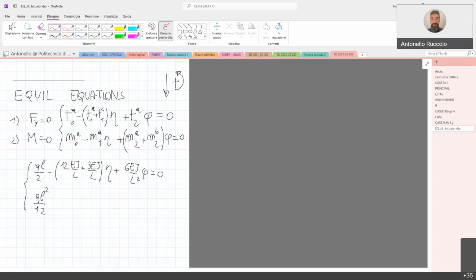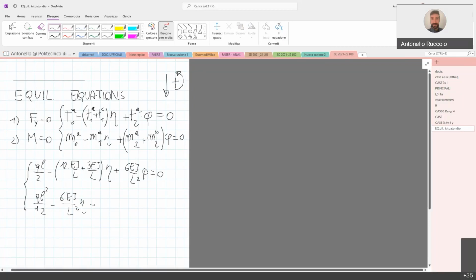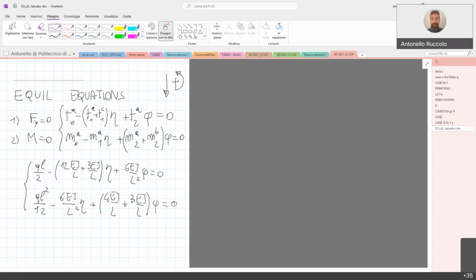Minus MA1 was 6 iota over L to the power of 2, I think, plus these two terms, which are respectively 4 iota over L and 3 iota over L iota. Equal to 0.